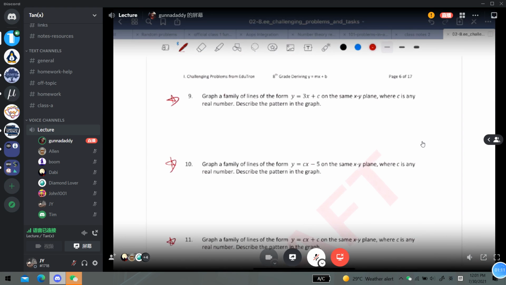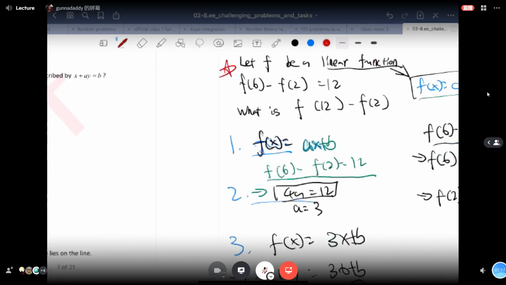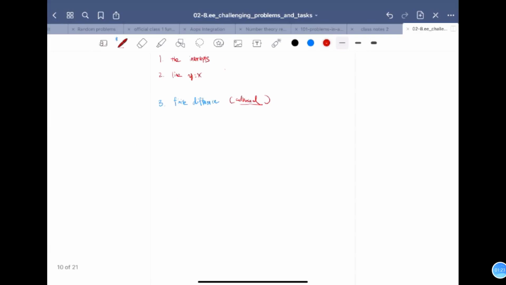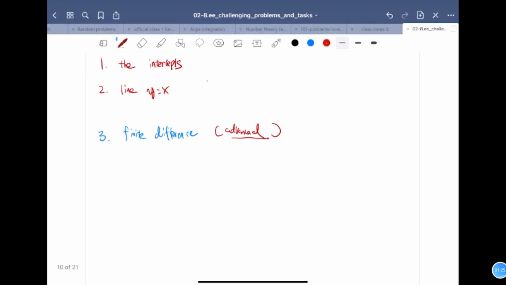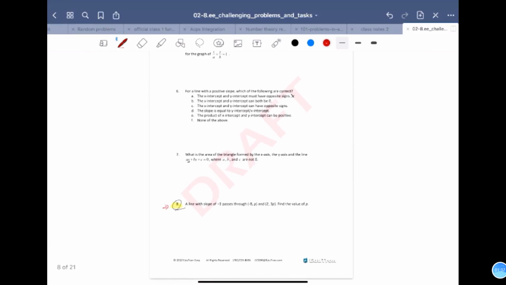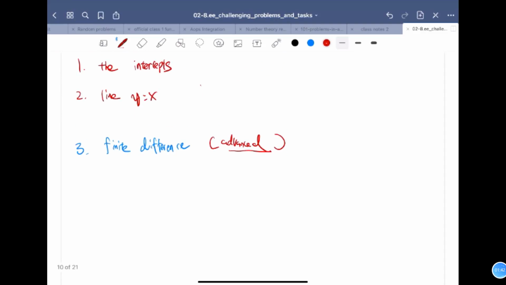For today's lesson, we're gonna cover 3, 4, 8, 9, 10, 11, and possibly introduce some elementary but pretty critical methods to analyze a linear function.